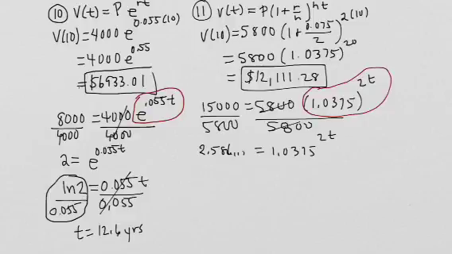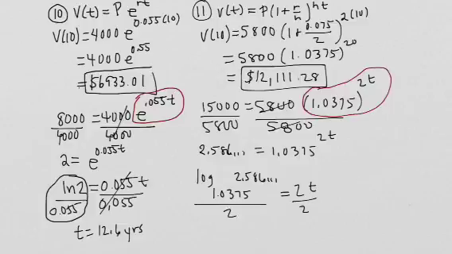So this is going to be log base 1.0375 of 2.586 equals 2t. Then you're going to divide by 2. So keep that 2.586 number on your calculator screen. Do not clear it.